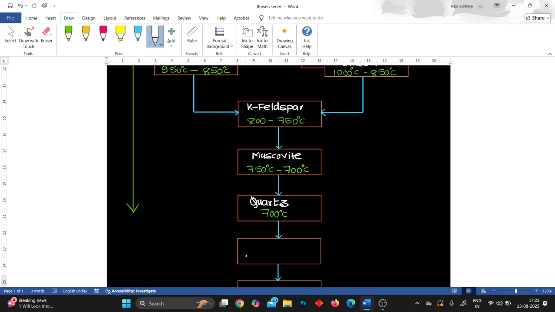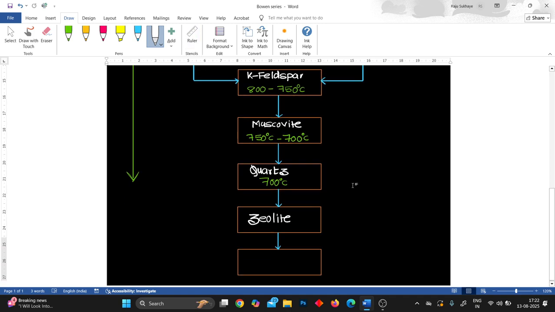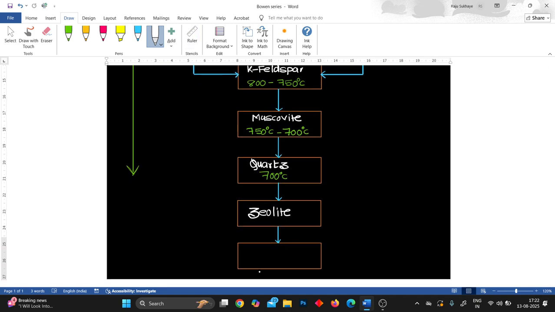Simultaneously, if the temperature keeps on reducing, the next minerals, known as zeolites, are going to form. After that, once everything is taken out from the magma, whatever remains is nothing but a hydrothermal solution.